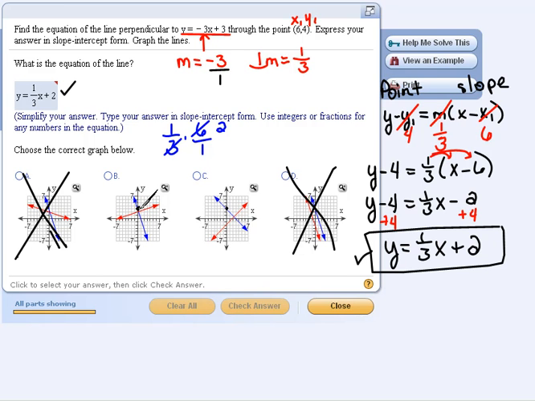So if we go down 1, 2, 3 and over 1, that would be that slope. Here, if we went 1, 2, 3 and over 1, this line is not matching up with that exactly. So it has to be B. We could go back and the red line should match the 1/3 x plus 2 also. It has a y-intercept here at 2, and then we would rise 1 and run 3 to get to the next point.